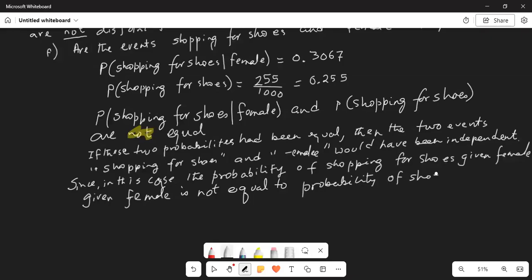This is the critical stuff. Let me highlight them. Is not equal.